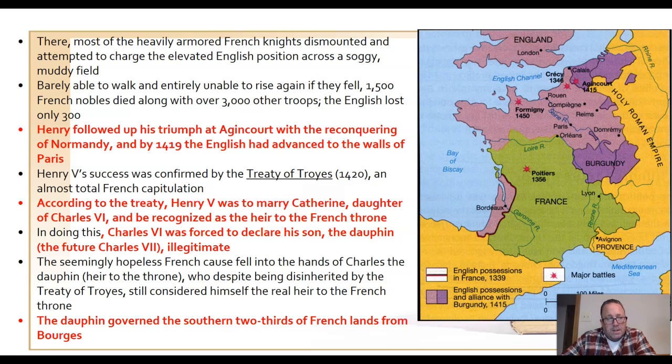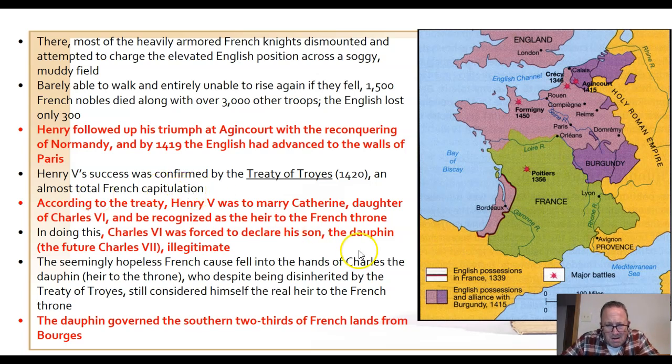According to the treaty, Henry V, who is the King of England, is to marry this girl Catherine, who happens to be the daughter of the French King Charles VI. Got that? And when they have a son, that son would be the heir to the throne, not only of England, but of France. Well, Charles VI has already got a son, an heir to the throne, and his name will eventually become Charles VII.